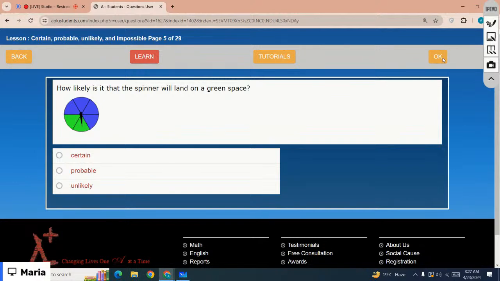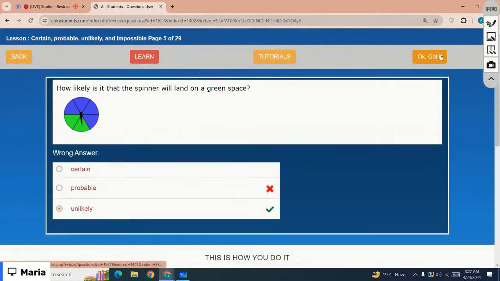That is probable. Sorry, unlikely. You have very little green space compared to the blue, so it is unlikely to land there.